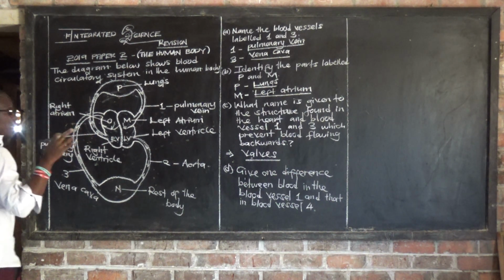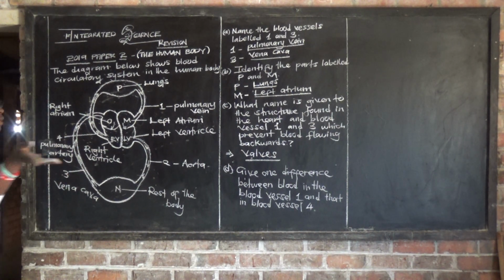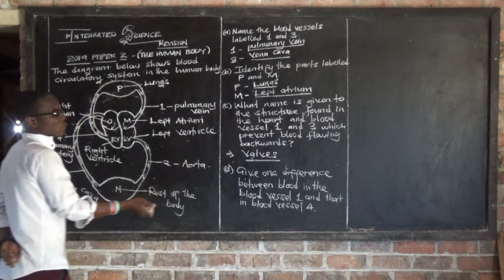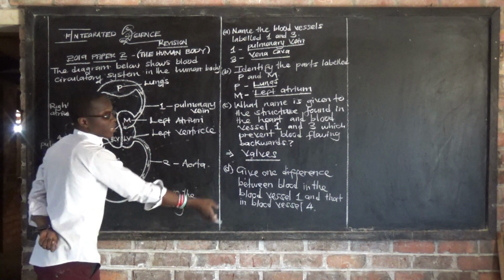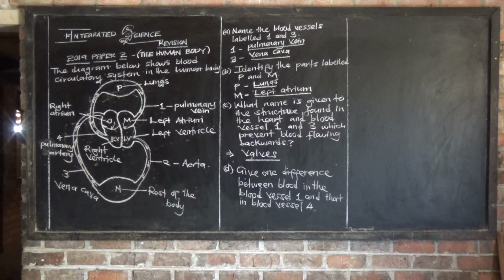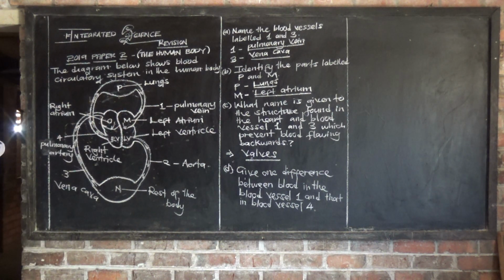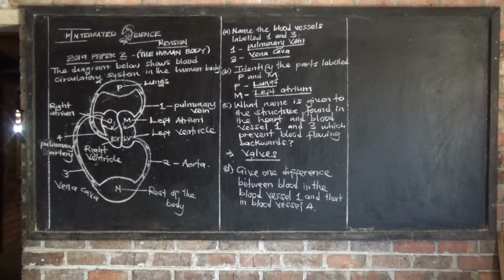These questions, the way they are, once you identify these blood vessels wrongly, you're going to get these questions wrong. So correct identification is going to help you to answer the other questions correctly. So blood vessel 1, this one is a pulmonary vein. Then blood vessel 4, it's the pulmonary artery. So you have got a vein and you have got an artery.